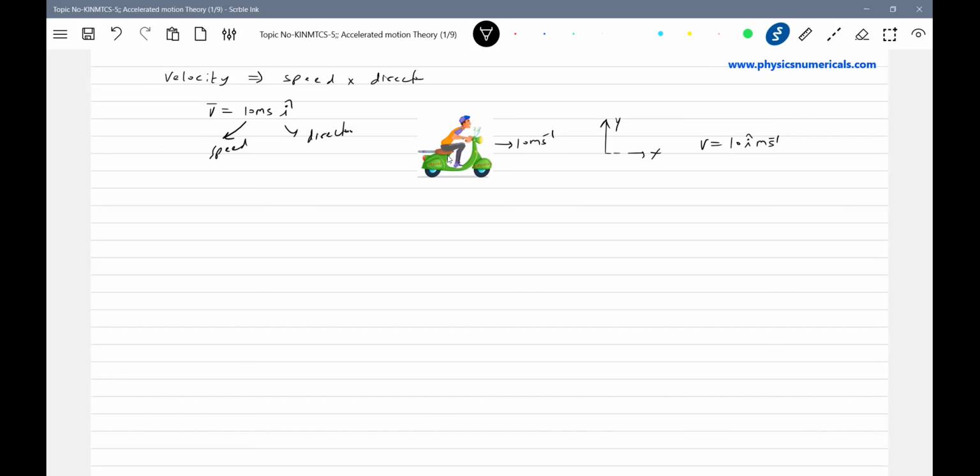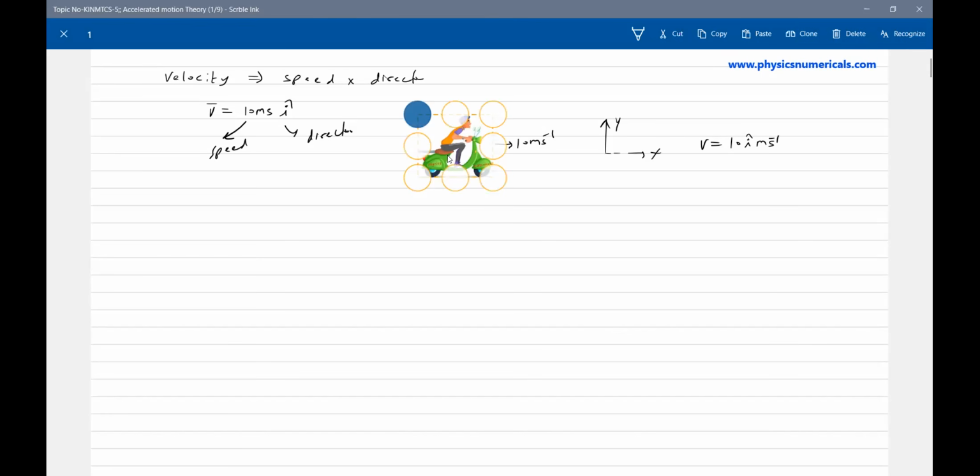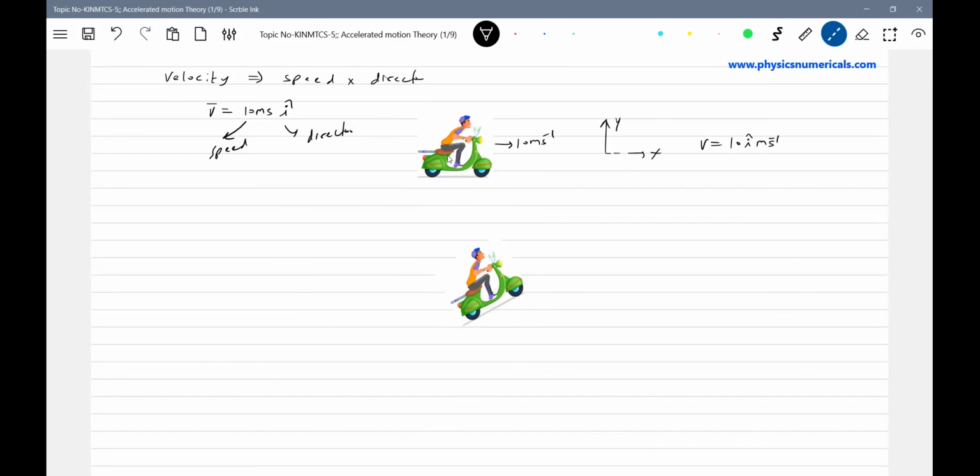If the bike is moving in xy plane, somewhere it's moving in xy plane, in that case we do represent the speed. This is the x-axis, this is the y-axis. It is making an angle, say theta equal to 30 degrees. So what is the speed of the bike? Who will indicate that speed? The speedometer.